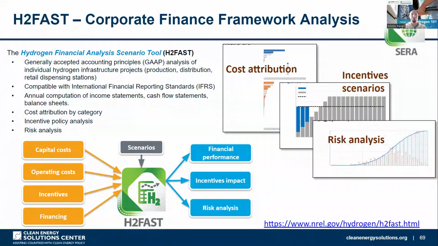Those are the three key reporting standards that are used both by GAAP as well as IFRS. The model uses inputs such as capital, operating expenses, incentives.